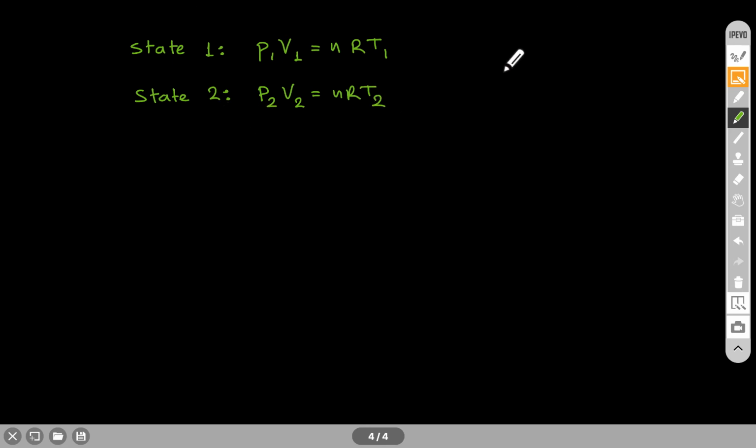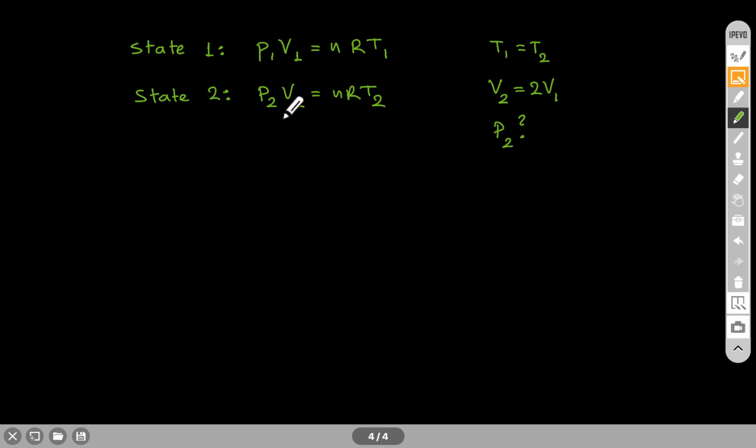Now, as I mentioned in this example, the temperature between the two states remains the same. I have doubled the volume, so V2 is equal to 2 times V1. And what I'm looking to find is the pressure of the ideal gas in state 2.